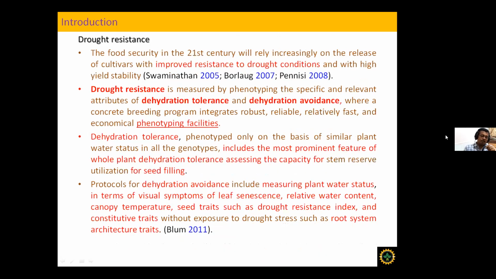Regarding drought, for the understanding of a larger audience, drought resistance and food security in the 21st century will rely increasingly on the release of cultivars with improved resistance to drought conditions and with high stability. Drought resistance is measured by phenotyping the specific and relevant attributes of dehydration tolerance and dehydration avoidance, with a concrete breeding program integrating a robust, reliable, relatively fast, and economical phenotyping facility.